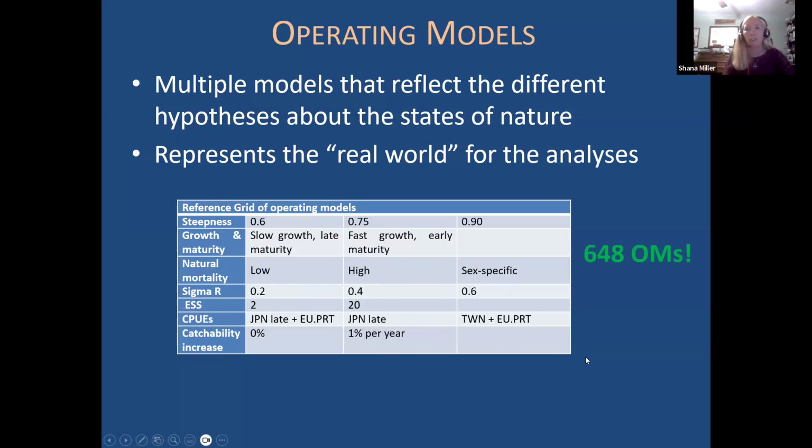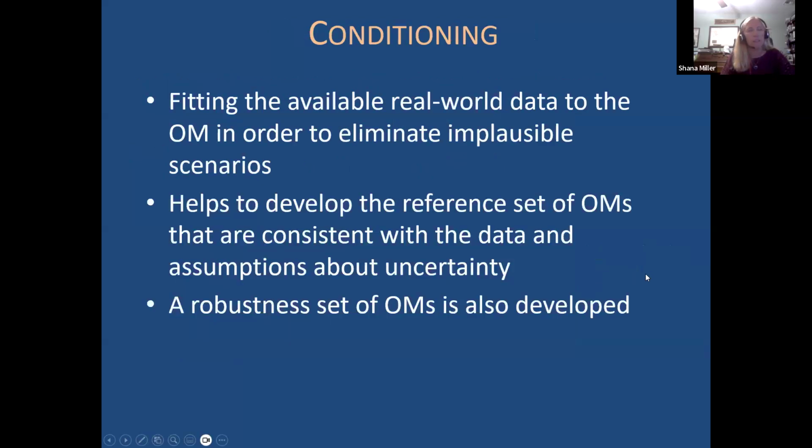This is very different from a stock assessment that might have one base case stock assessment model with some sensitivity runs. In MSE, we're looking for a harvest strategy that will perform well against all 648 of these operating models. There's also a process in MSE called conditioning that you'll hear talked about.